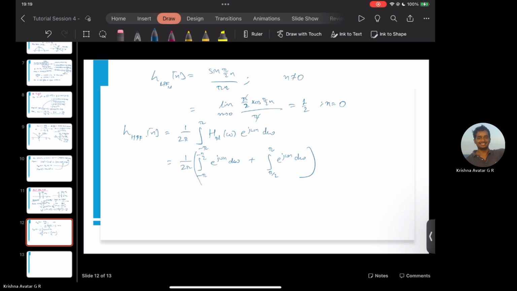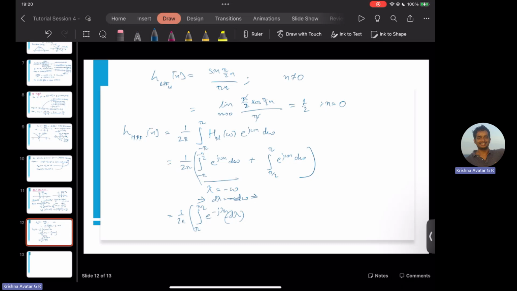So we use some mathematical trickery. Say lambda is equal to minus omega, then this implies that d lambda is equal to minus d omega. So even the limits should be negatives of each other. So you can have 1 by 2 pi, minus this one. This one would become pi, and this becomes pi by 2, and you have e to the power minus j lambda n d lambda, also in negative form.